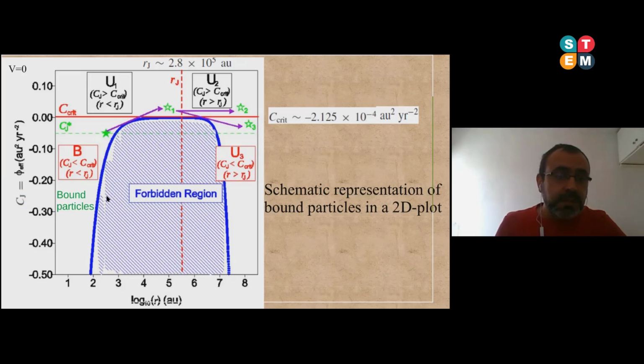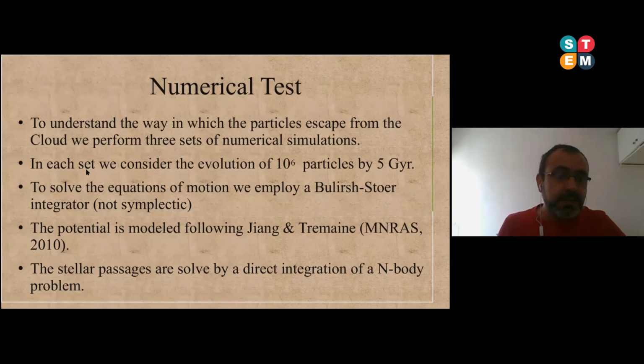The importance of this scheme can be appreciated when we consider the last piece in our puzzle, and this is the stellar passage. Some works consider the model of impulse approximation, but we solve the problem by direct integration of an n-body problem.